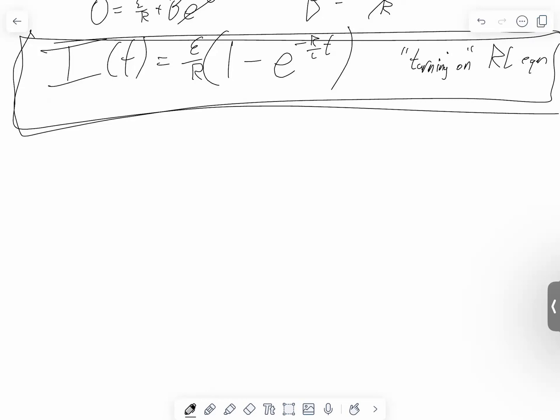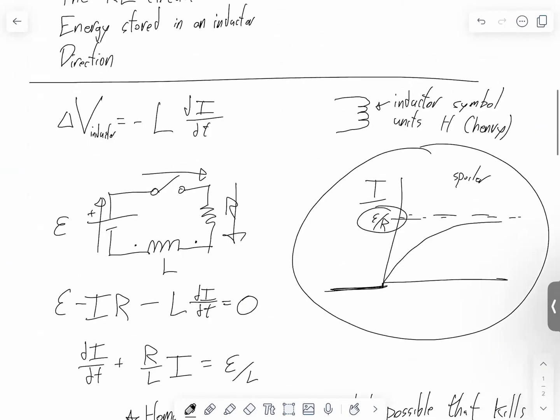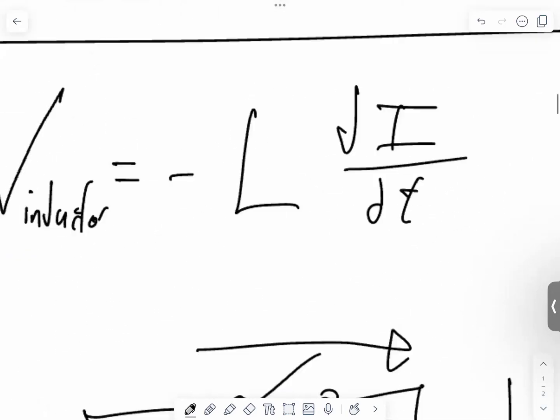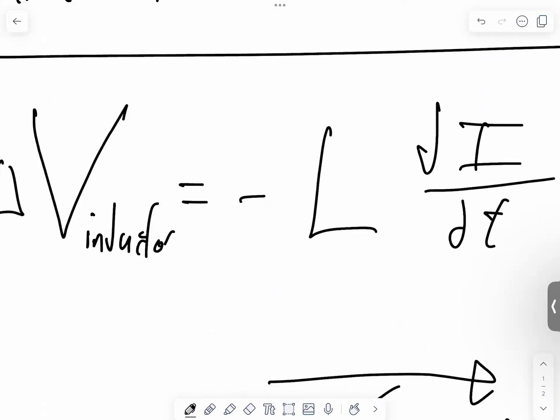Do we have an equation for I in the inductor? How could I get an equation for voltage across the inductor? Okay, you've got V, you've got I. Plug in and tell me the total.